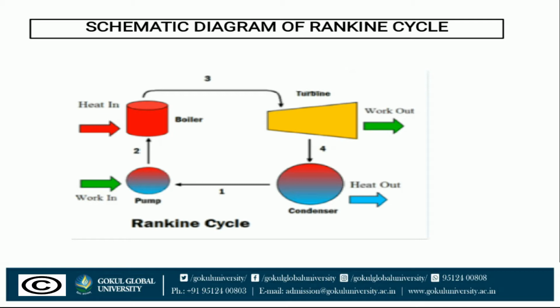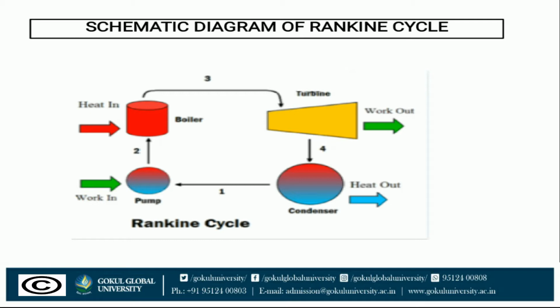The steam is expanded in a turbine, which produces mechanical power. The output power of the turbine is utilized to run the generator. The steam after expansion in the turbine is usually condensed in a condenser. The condensed steam, meaning water, is again fed to the boiler and the cycle is repeated.